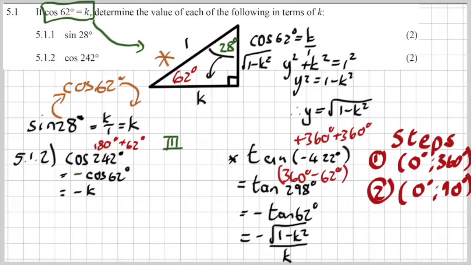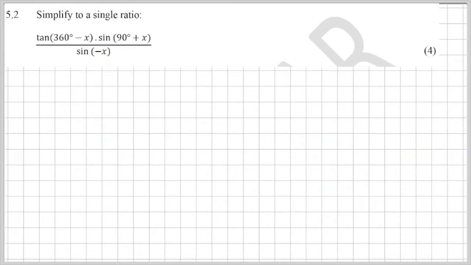So there I have tan of negative 422 degrees in terms of k. They love these questions, and they love to ask it a bit more tricky, like this one I gave you now. Let's look at the next question.